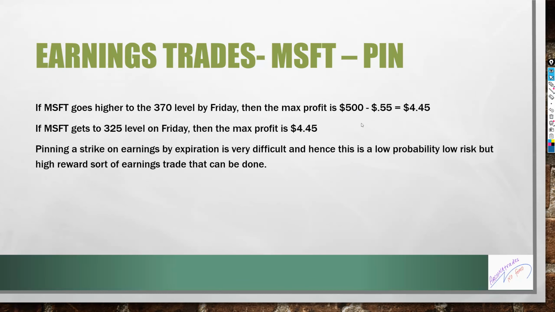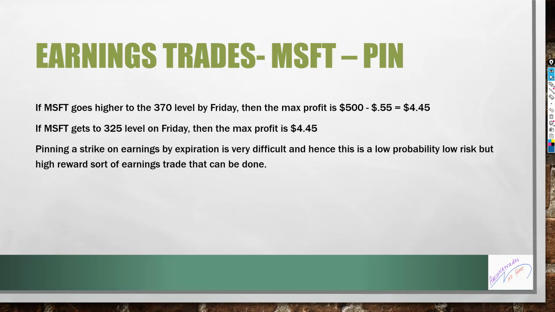Pinning a strike on earnings by expiration is very difficult because we have movement, right? First of all, nobody knows what the earnings is. Even after you know what the earnings is, you do not know what kind of move you can have. It can be a range bound move. It can be an outsized move. It can be up or it can be down. So there is so much uncertainty.